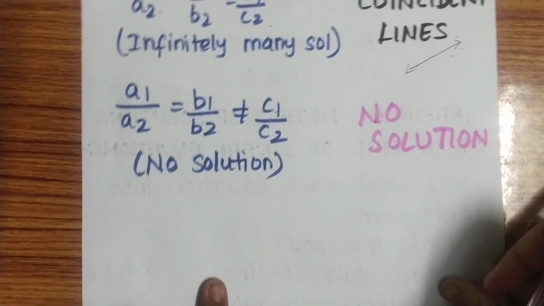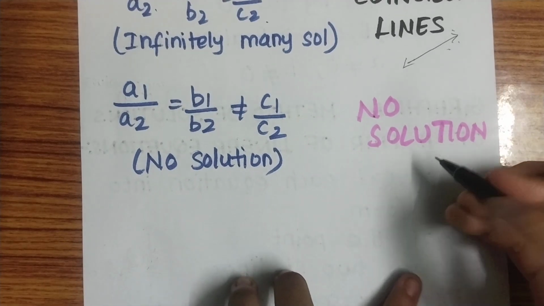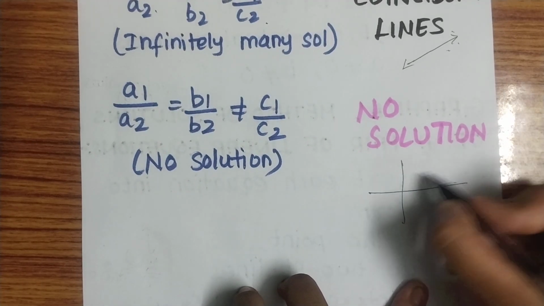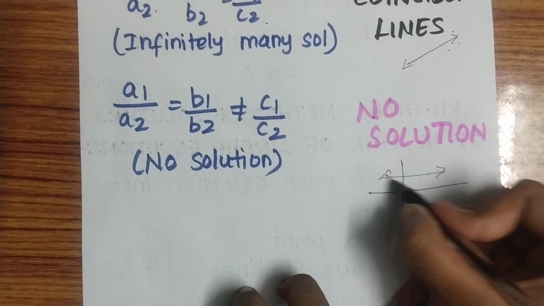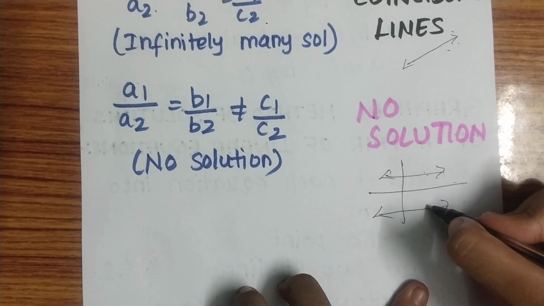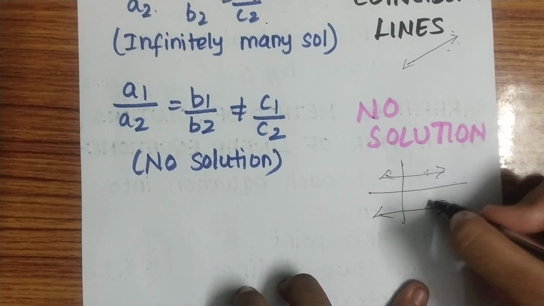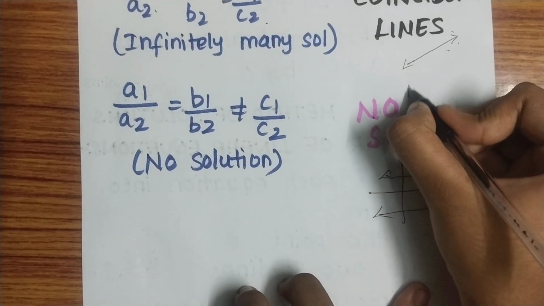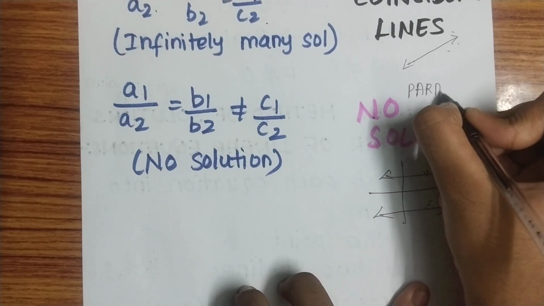Clear? Same with parallel lines. For example, this is my graph. Here I have one line and here I have another line. It is nothing but parallel, so I'll write here parallel lines.